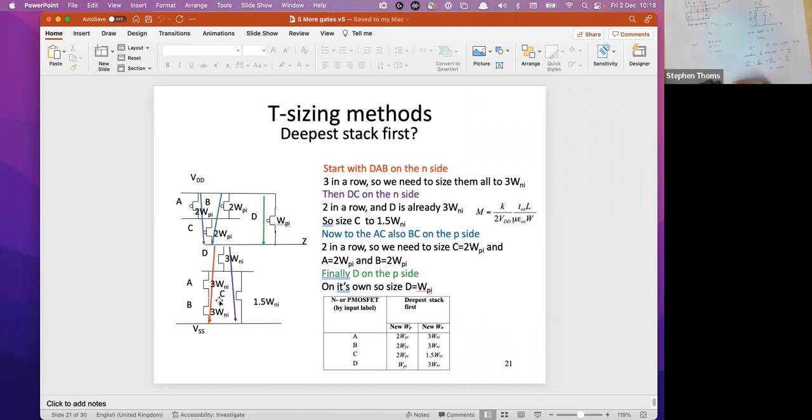So on the right-hand side, the width of D is 3WNI. So the total impedance is going to be 1 over 3WNI plus 1 over the width of C, which we don't know, so I'm just going to call it width of C. But that needs to all add up to the unit inverter.